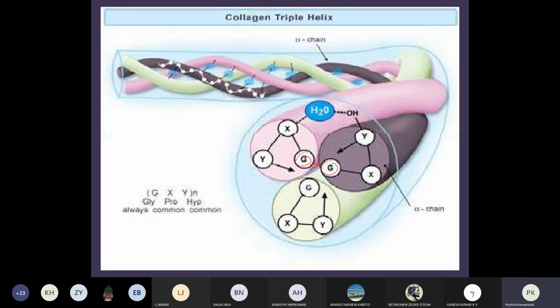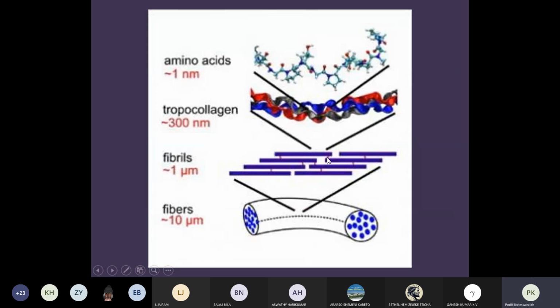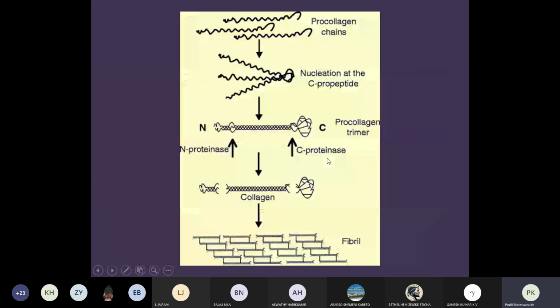That's why only glycine can fit in here. Therefore, if glycine is replaced with any other amino acid, the triple helical collagen may break, in the sense that other amino acids may not fit into the center when the three polypeptide chains are coiled tightly. And this is about the collagen.